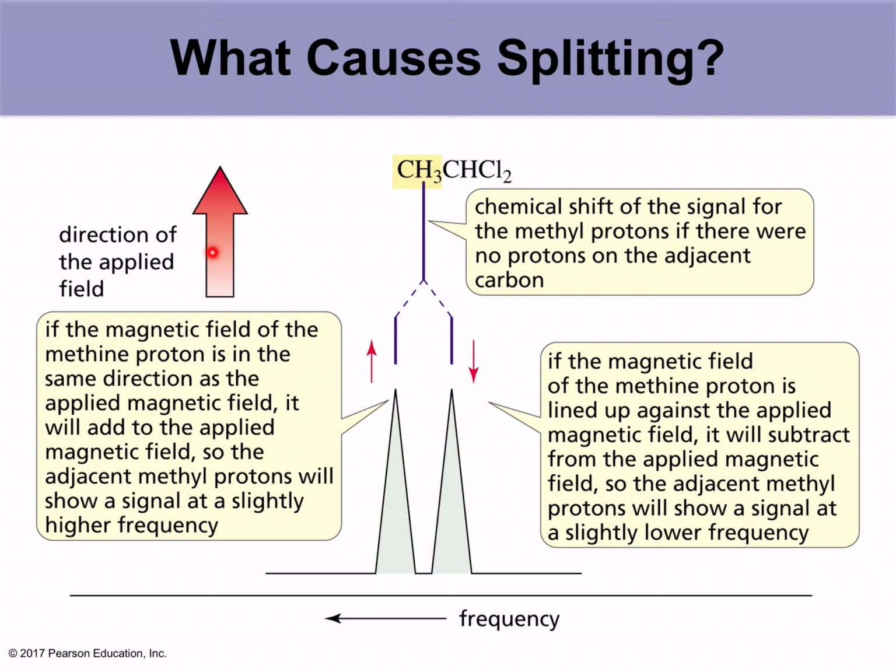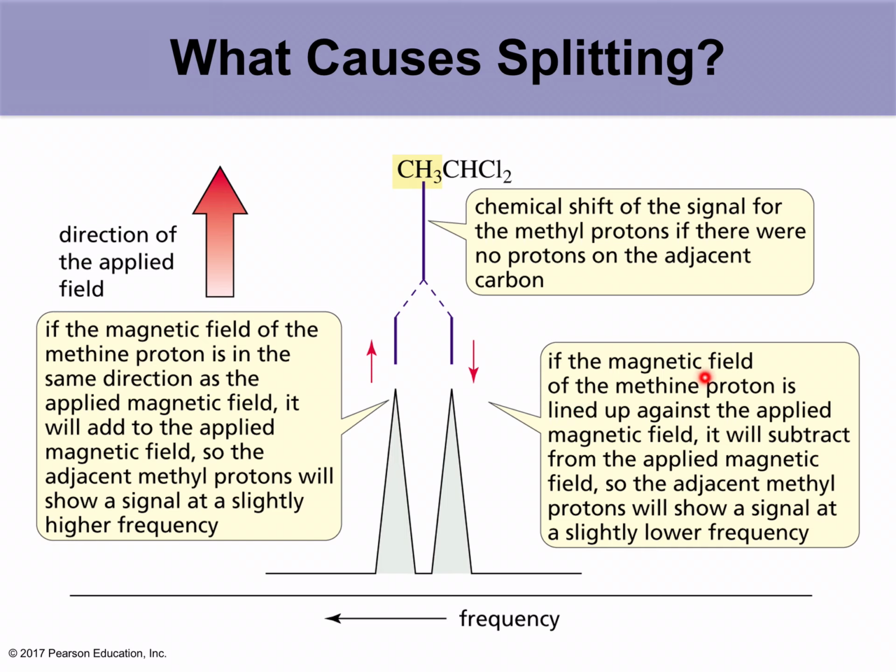This is the direction of the applied field. If the magnetic field of the methine proton is in the same direction as the applied magnetic field, it will add to the applied magnetic field. So the adjacent methyl protons will show a signal at a slightly higher frequency.